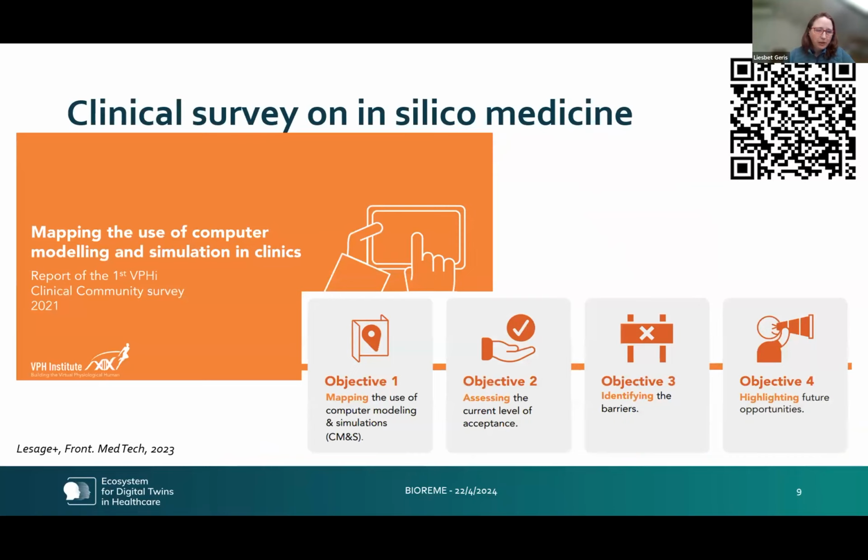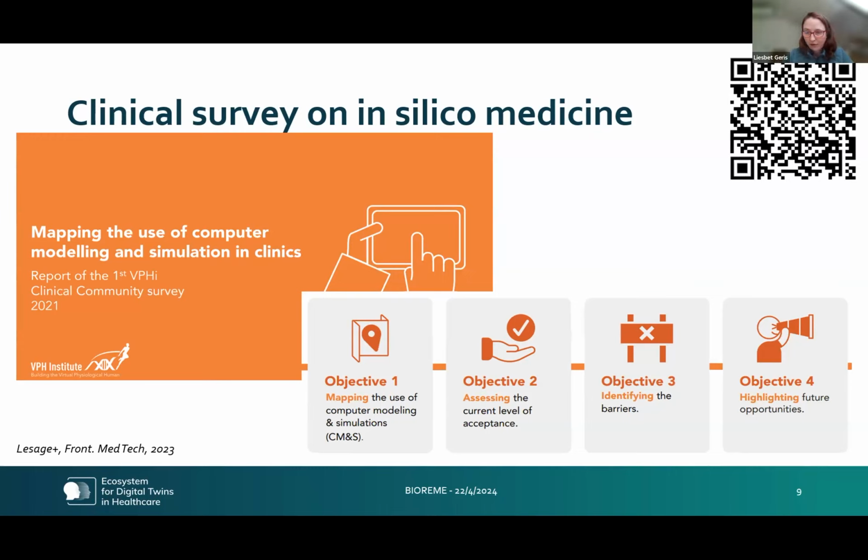Now, what we have been doing inside the community to prepare is to try and understand what it is that clinicians in general know about in silico medicine, because of course, you are here. That means that you are interested. We all have in our projects people that we are talking to that are very well aware of what it can do and what they might expect.